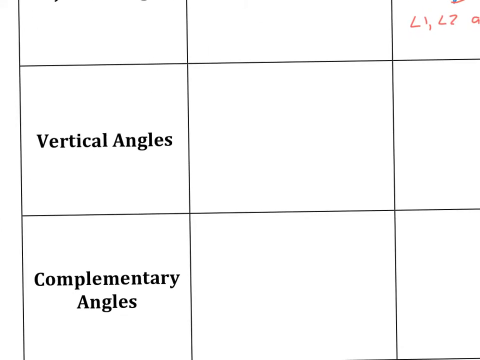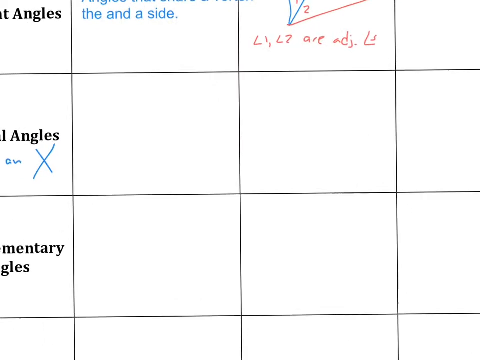All right, vertical angles. Vertical angles make an X. They always make an X. All they do is share a vertex, and it looks like this.